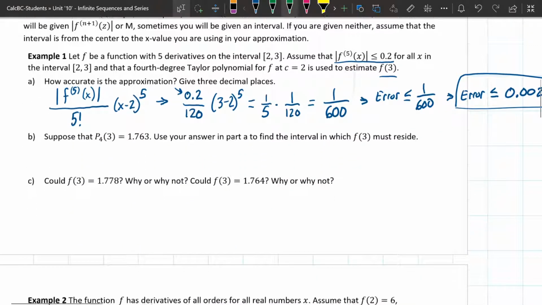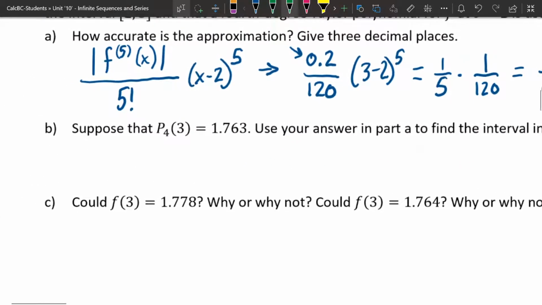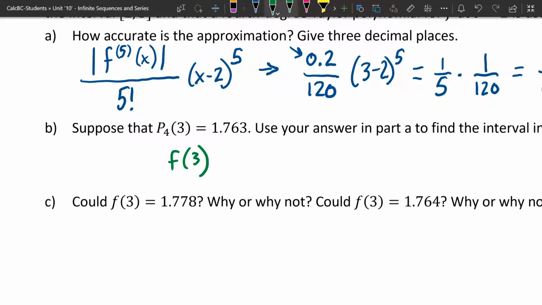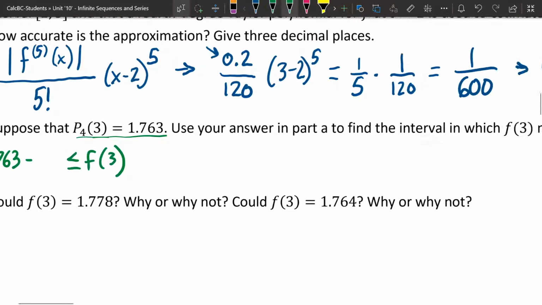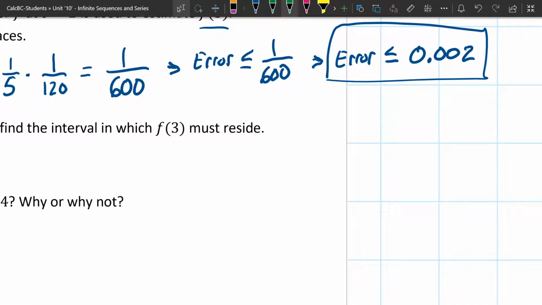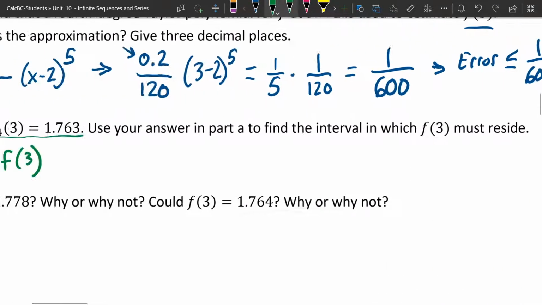So f of 3 is going to be greater than or equal to the polynomial approximation, which is this one right here, 1.763, minus whatever our error is, and it says use that from our answer in part A, so 0.002.